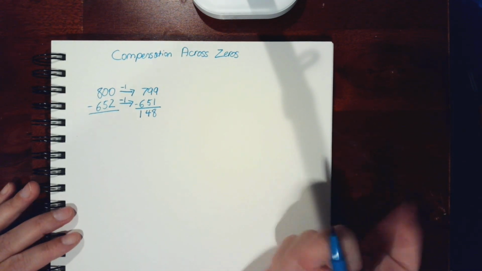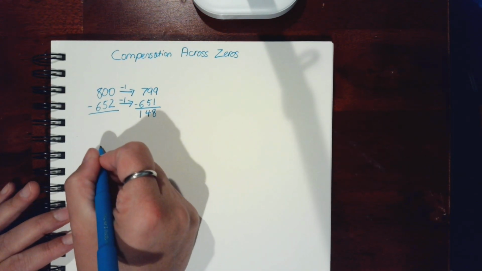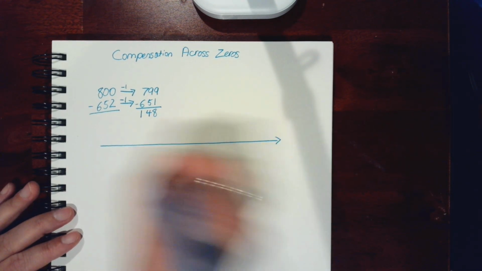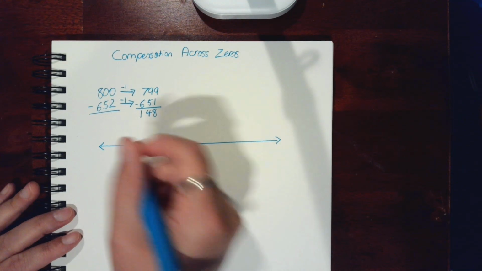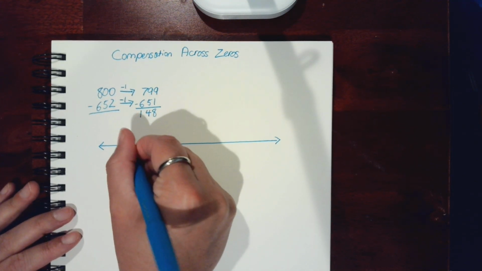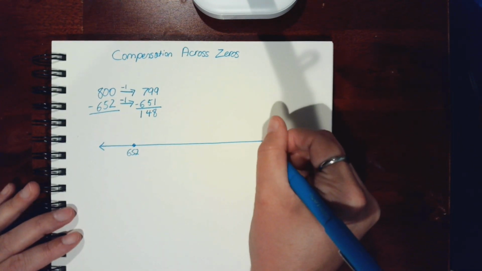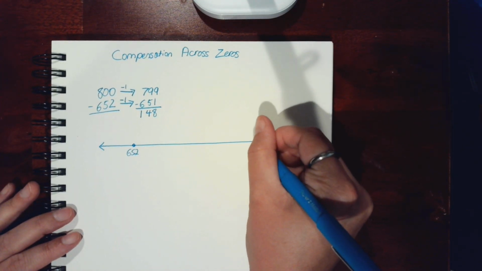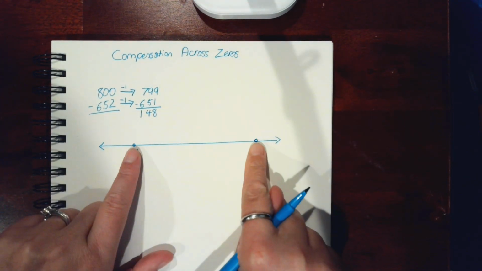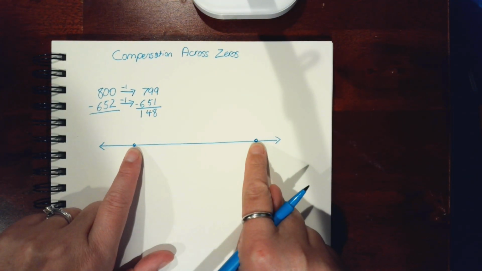Now how does that work? Well, if we were looking at a number line, what did I say about subtraction? I said subtraction is the distance between two numbers, right? So if I had 652 and 800 here on my number line, and I want to know the distance here, right?